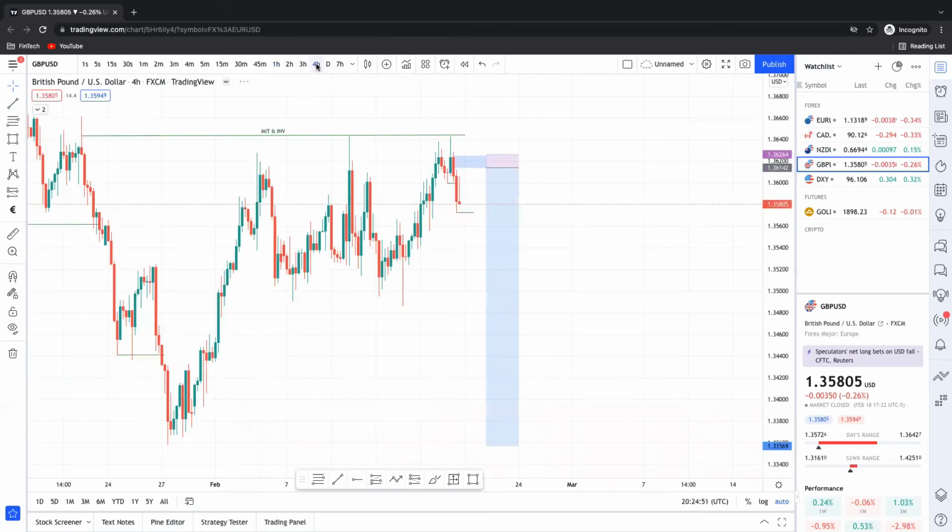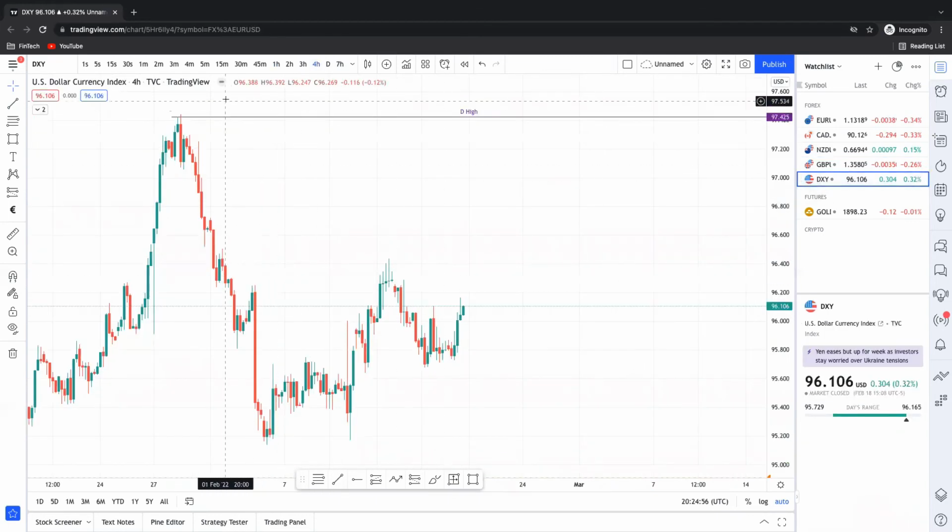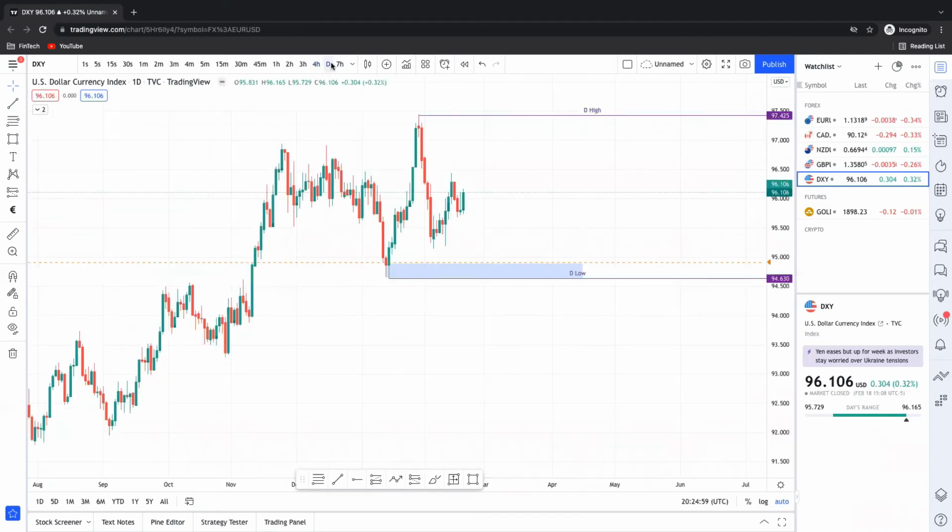So that's it for EU, and the DXY is also looking nice. DXY is the US dollar index, which generally follows the opposite direction of EU. I said generally, so it's not a rule. Basically, it broke the structure above here and we have a new range now, and we're looking to buy from here, which means it's going to come up to here.